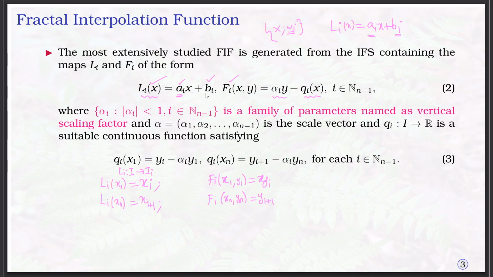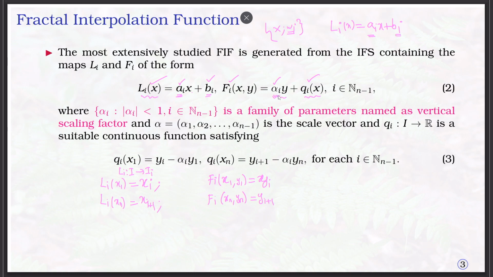So, this is the role of the parameters ai and bi. Now, here we have alpha i and qi of x. Let us discuss what is the role of this alpha i and qi. Since this Fi controls the vertical direction, what is the role of alpha i and qi in controlling the vertical direction?